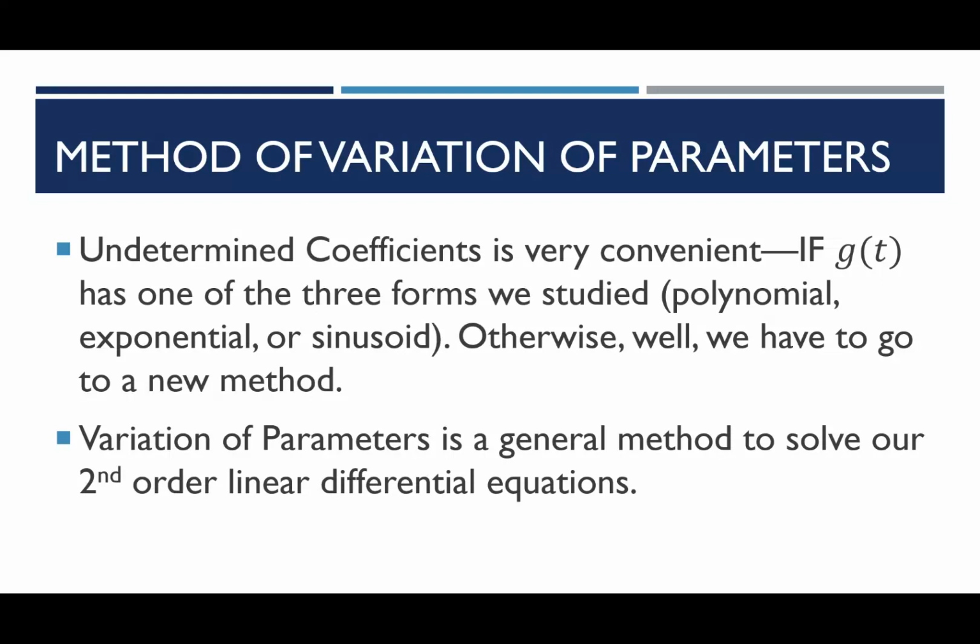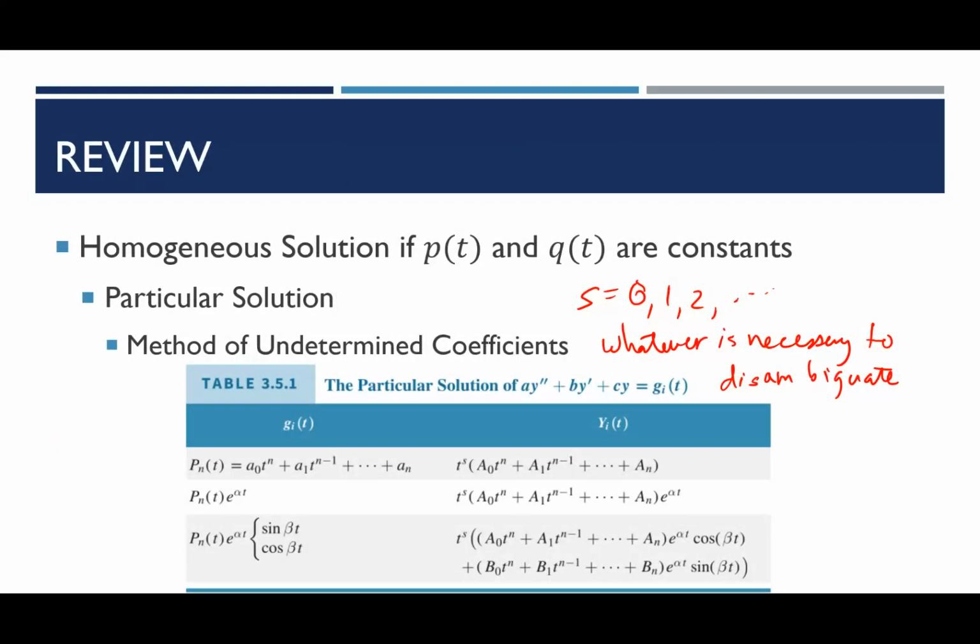So the method that you did on Monday, the method of undetermined coefficients, as just exemplified in that quiz, is very nice and easy to use. That is, you see the form of your G and you just know what the form of the solution is, and then you just put it in and find what the constants are.